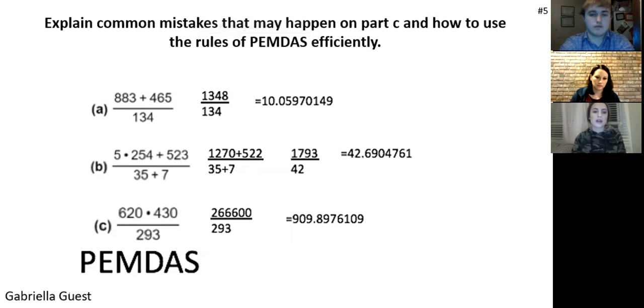But you actually have to multiply the top number first, and you'd get this huge number right here. And then you would divide 293, and you get that. And you have to remember that PEMDAS is in order. So parentheses, exponent, multiplication, division, addition, and subtraction. So that's just some key ways to not mess up on a problem like this.